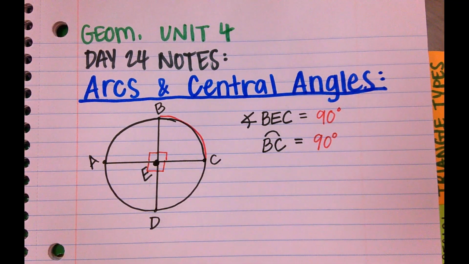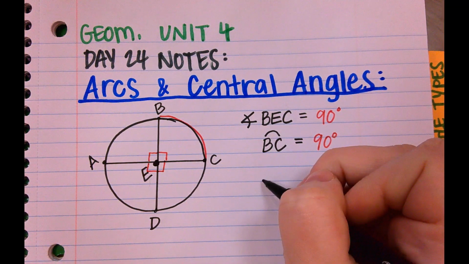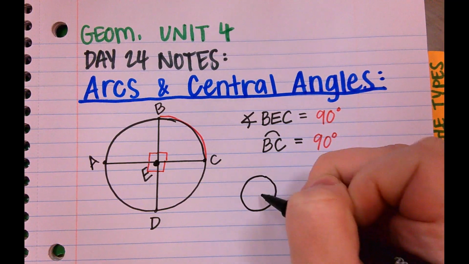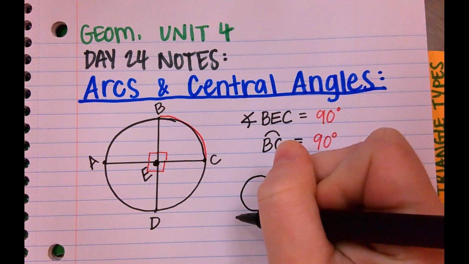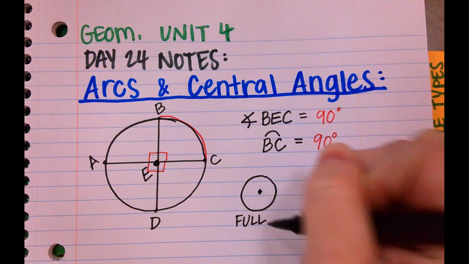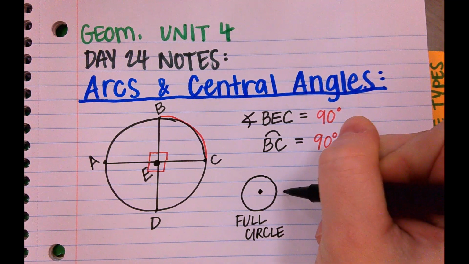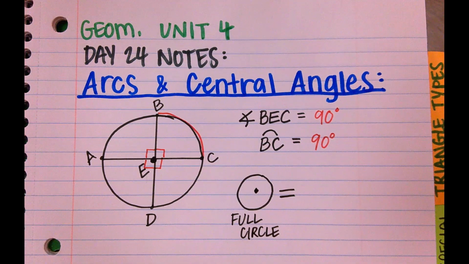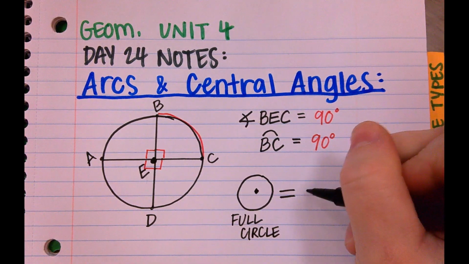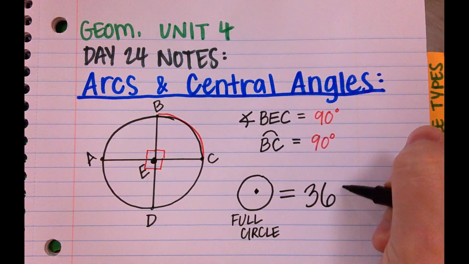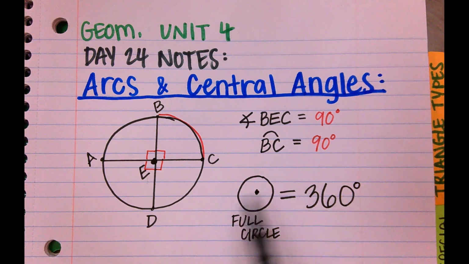So if all four angles are 90 degrees, how many degrees are in a full circle? 360. So a full circle is always, not 100, sorry, 360 degrees. This is an important thing to know.